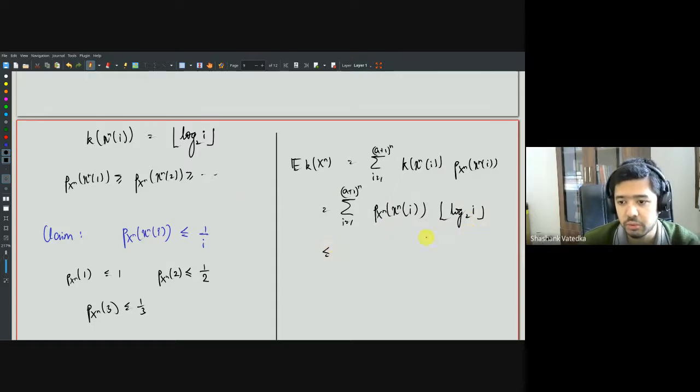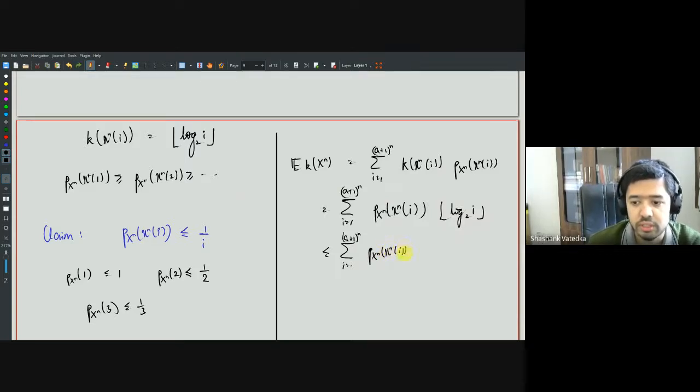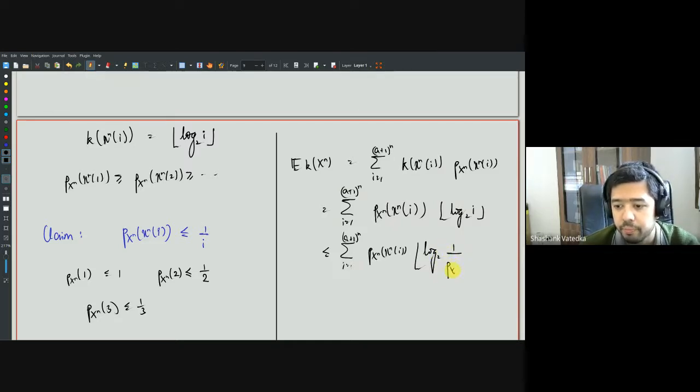Now, as we've just seen, i is less than or equal to 1 over p_Xn of i. So the summation i equal to 1 to a plus 1 to the n of p_Xn of i times the floor of log 1 over p_Xn of i.